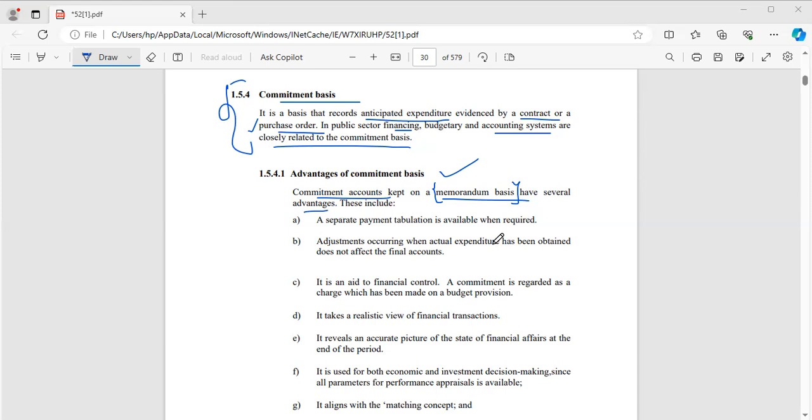I think nobody knows. A memorandum account is an account that is not prepared in accordance with the double entry principle. It means that if you look at the account, you will not see debit the receiver, credit the giver. It follows any other principle apart from debit the receiver, credit the giver. For example, for those of you who know what a joint venture account is, if you check a memorandum joint venture account, it's nothing like you are debiting this account because the account received, or crediting this account because the account gave.